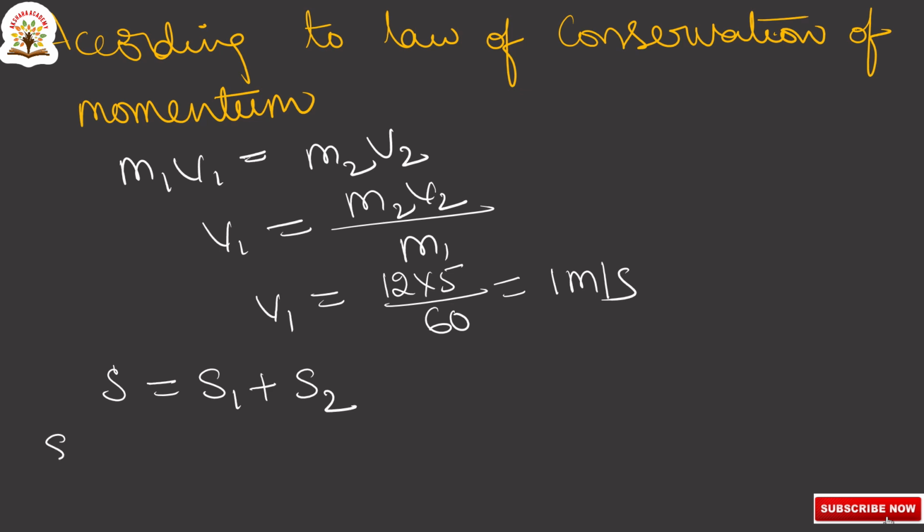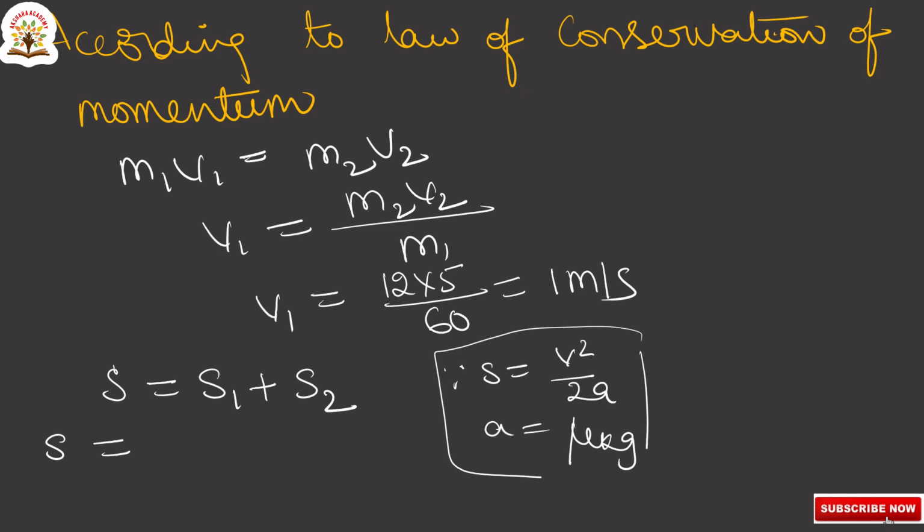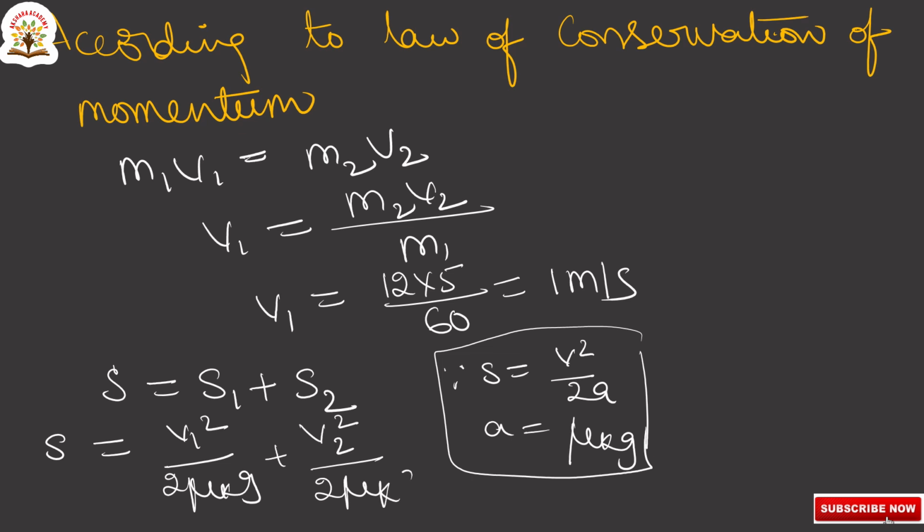So S is equal to V square by 2A, and A is equal to mu K into g. We are substituting here, S1 is equal to V1 square by 2 mu K into g, plus S2 which is nothing but V2 square by 2 mu K into g.